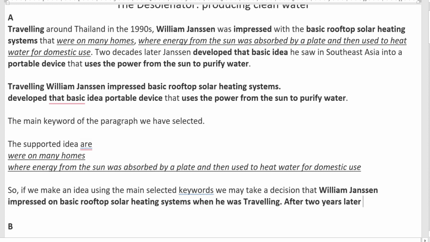In this paragraph, you have noticed that a person named William Janssen was traveling around Thailand in the 1990s and was impressed with a system called the basic rooftop solar heating systems.